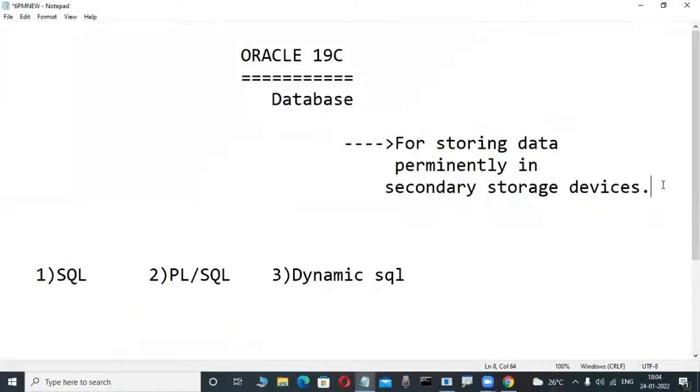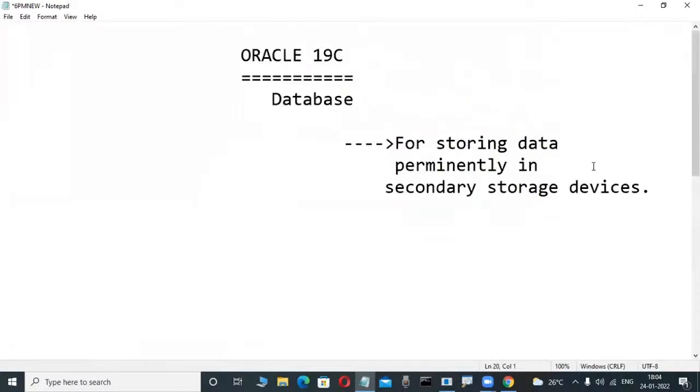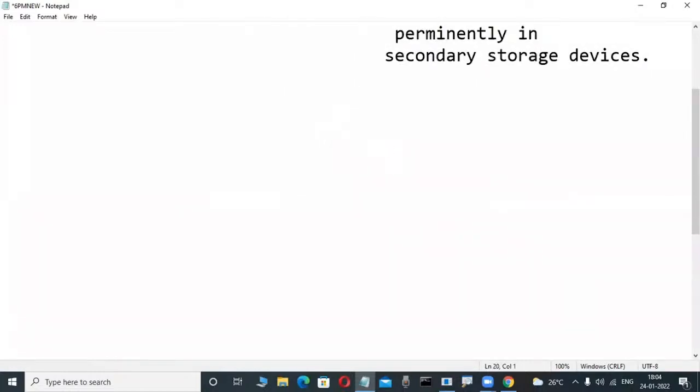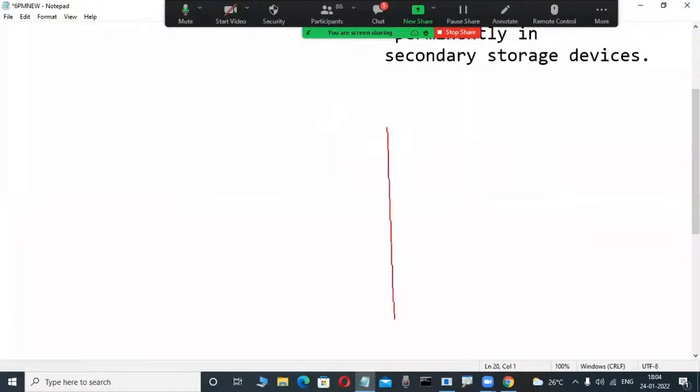But unfortunately, what I told in previous classes, observe slowly here: a database means it is a place. Whenever we install Oracle, SQL Server, or DB2 in our system, automatically one place is created.